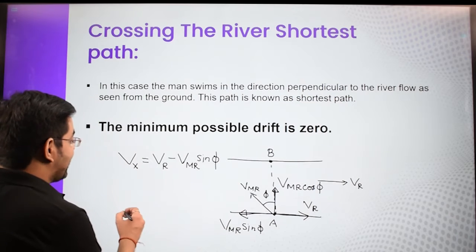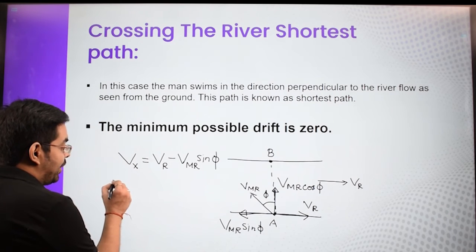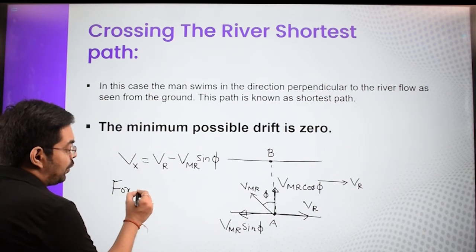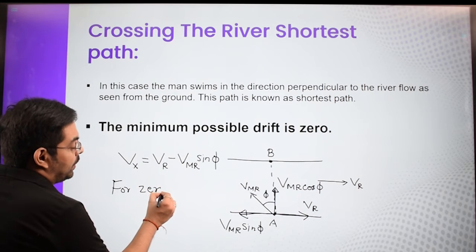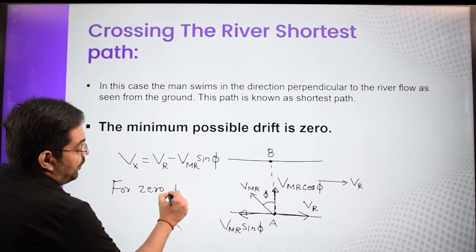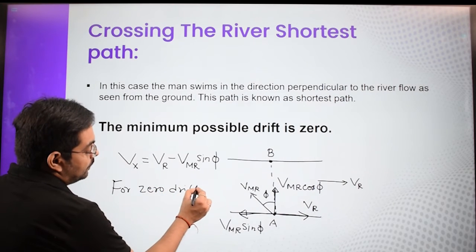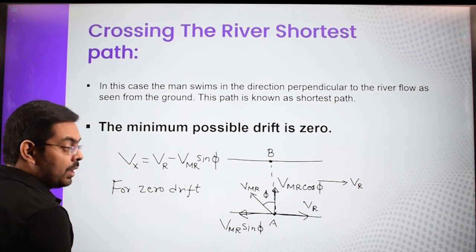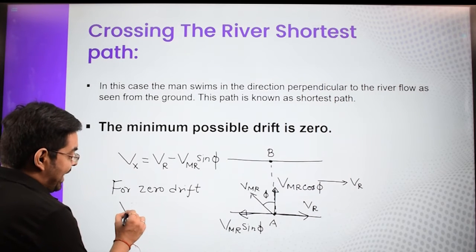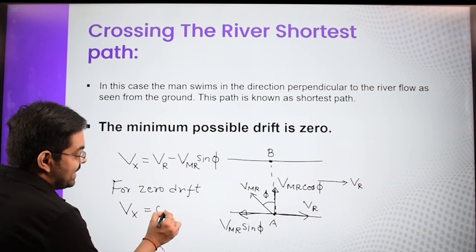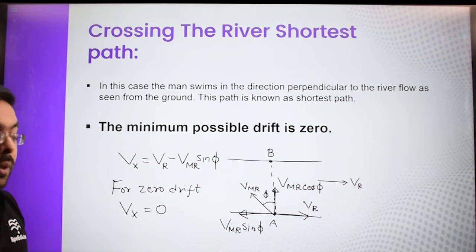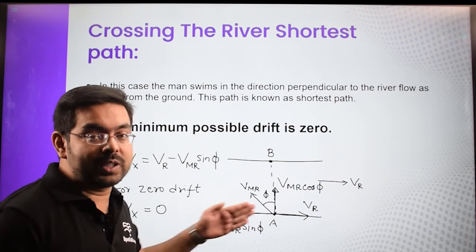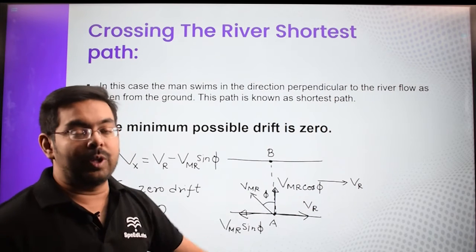Now, if Vx is supposed to be 0, for zero drift, Vx should be equal to 0. That is, his velocity in the x direction will become 0.